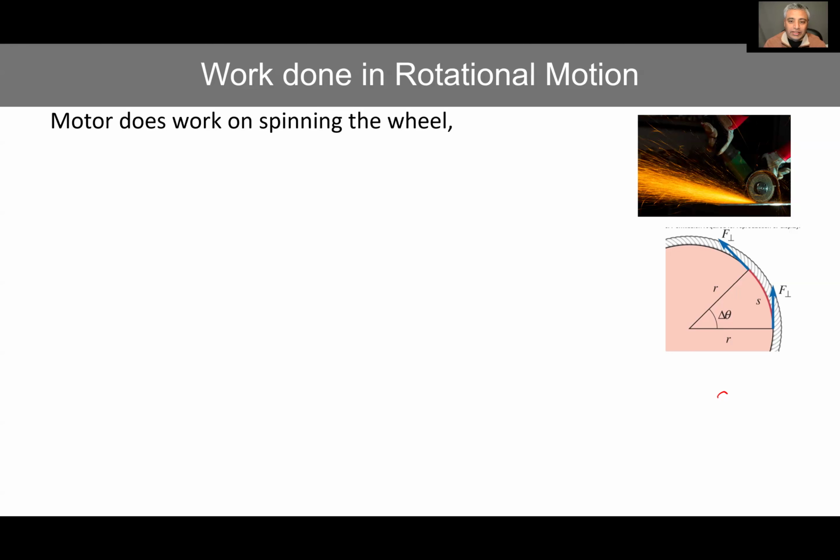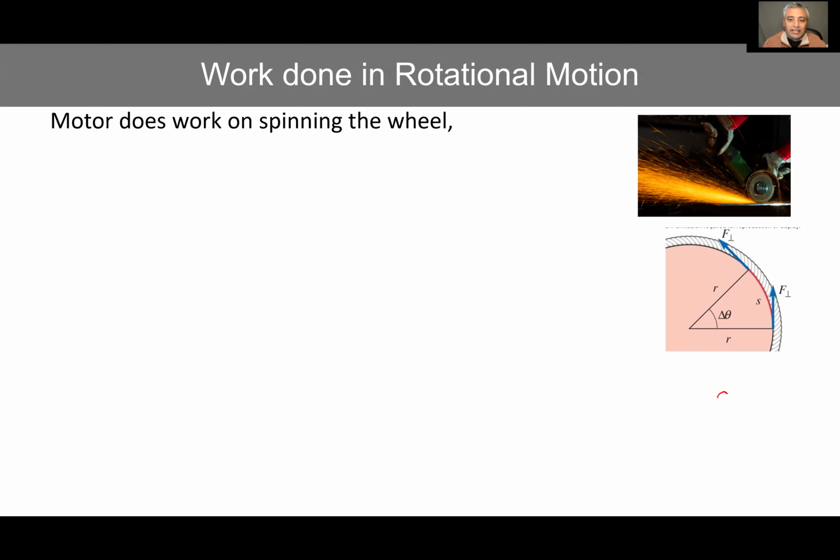Just like we did for translational motion, we need to first define work, because work is a way of transferring energy. If we can calculate how much work is being done on the system, or how much work the system does on something, that means we can tell how much energy is being transferred.